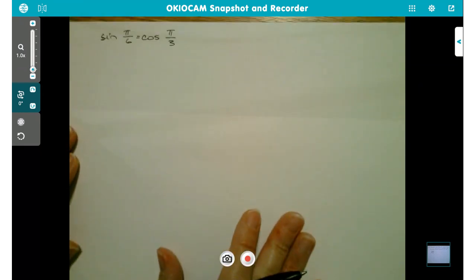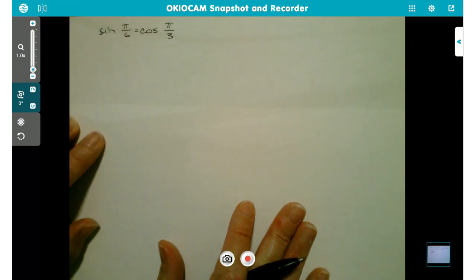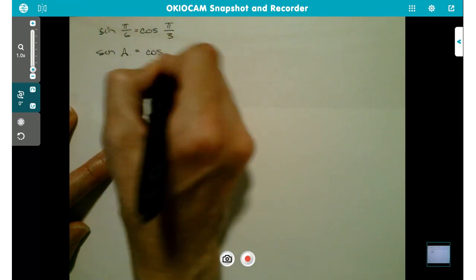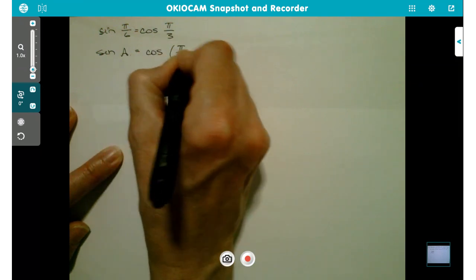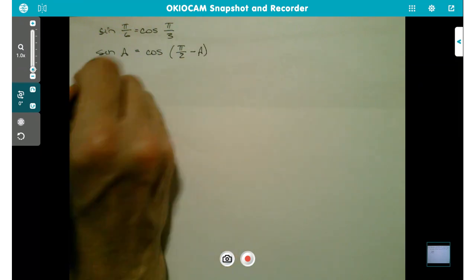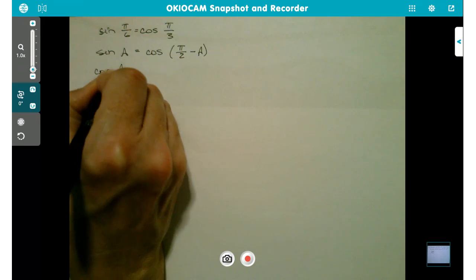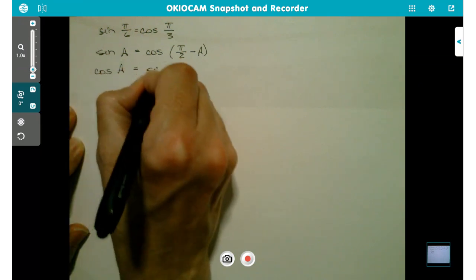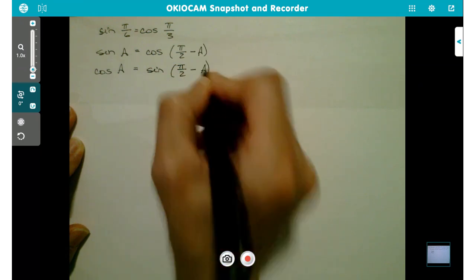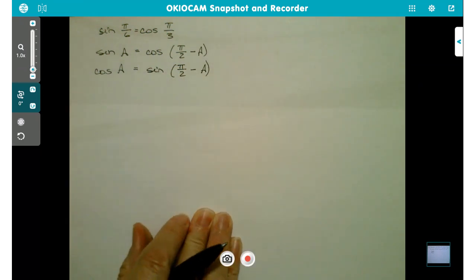In fact, this observation is true in general. If I have the sine of something, that's the same as the cosine of its complement, pi over 2 minus that something. Works the other way too. Cosine of something is the sine of pi over 2 minus that something. And we're going to use that fact in a moment here.